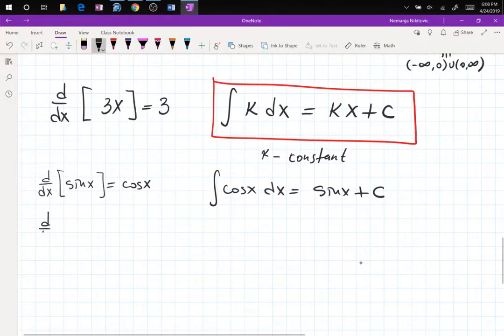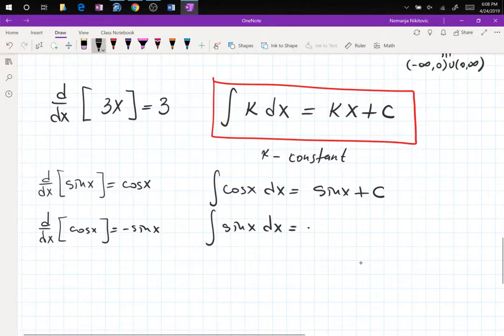Now, what's the derivative of cosine? Negative sine x. So what's the integral of sine x? It's negative cosine x plus c. Opposite, guys. Opposite from what you have from derivatives. Well, these are called antiderivatives, so of course it's going to be opposite. Right? It's common sense.